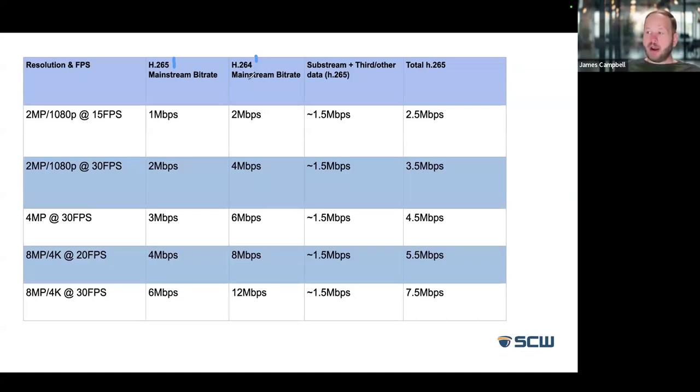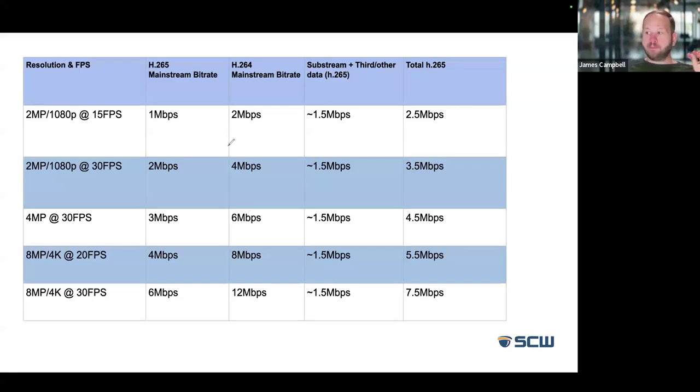What that ultimately means, and you can see it right here, is that it basically cuts the amount of data in half. So, back in the day when we had H.264 cameras, a single 1080p camera used 4 megabits of data, whereas nowadays that uses 2. It's cut the amount of data basically in half, and also has basically doubled the amount of storage we can get out of a certain size drive, and so on.